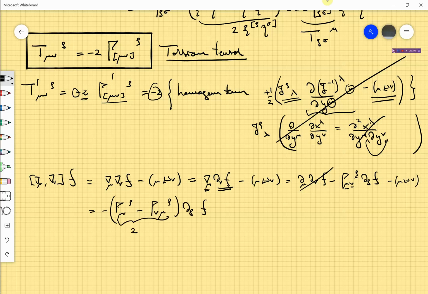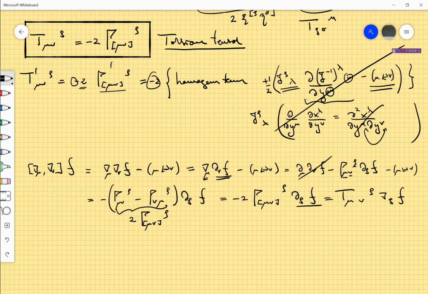This is just 2 times the torsion T mu nu rho. And this is what we have defined as the torsion. And because the partial derivative is the covariant derivative, we re-express it this way.